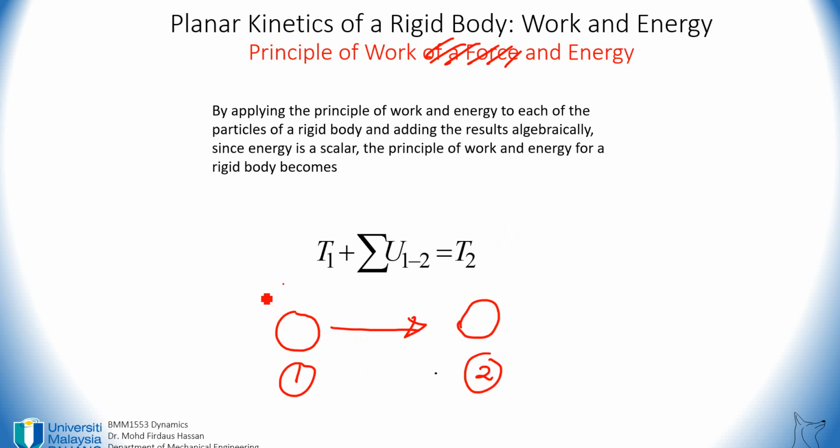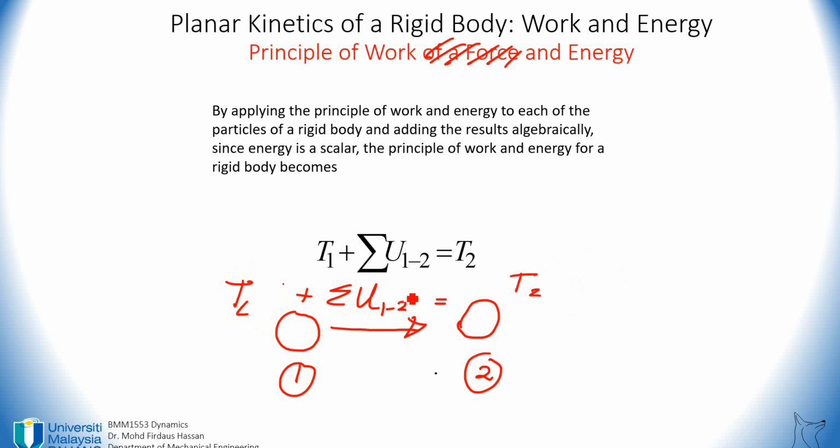So the kinetic energy at point 1, and then you have kinetic energy at point 2. Kinetic energy at point 1 plus the work done from point 1 to point 2 is equal to kinetic energy at point 2.